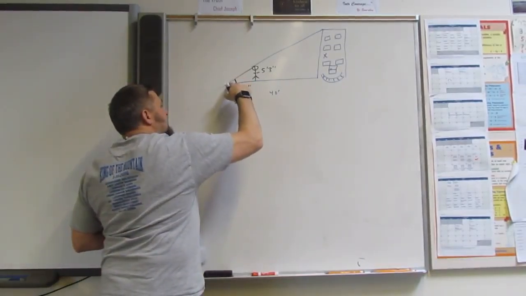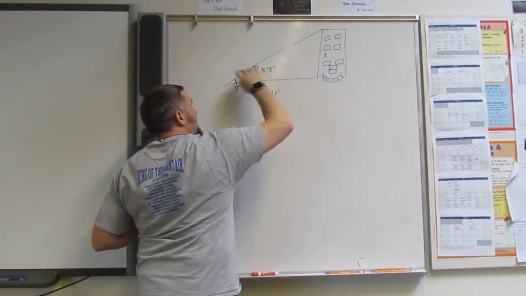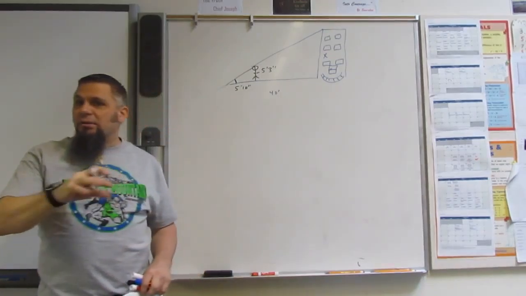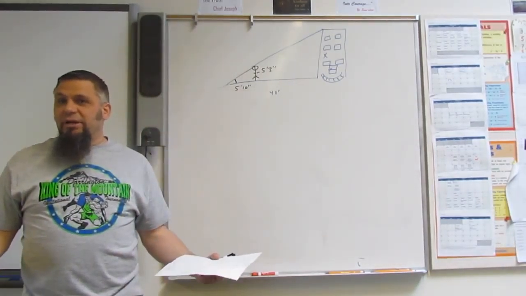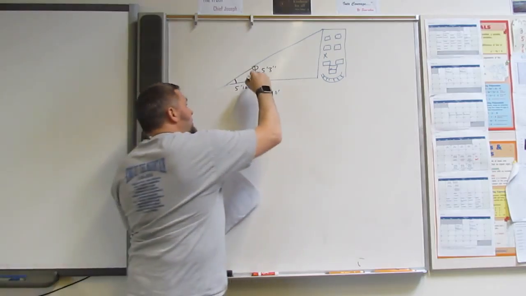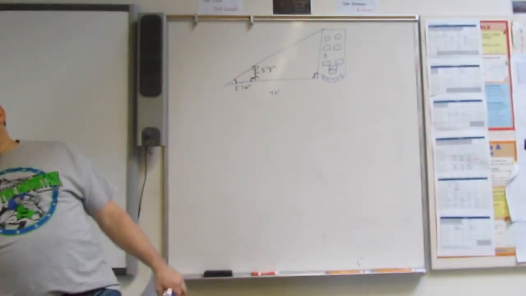But I know one thing. This angle is the same as this angle. The angle for the shadow of the guy is the same as the angle for the shadow of the building, and they're both perpendicular to the ground, unless it's the Leaning Tower of Pisa.